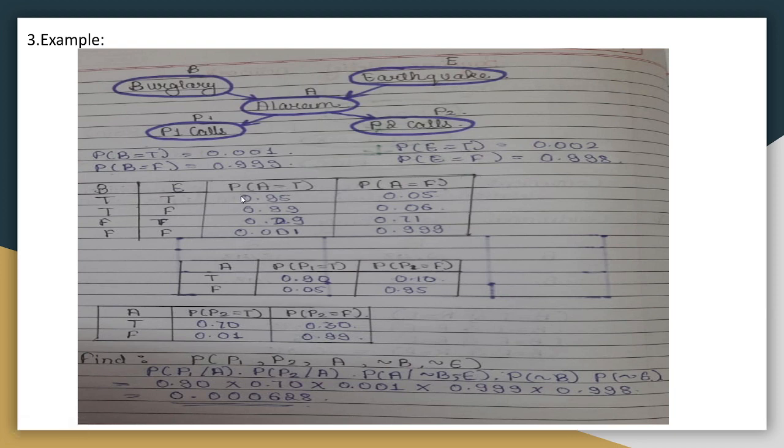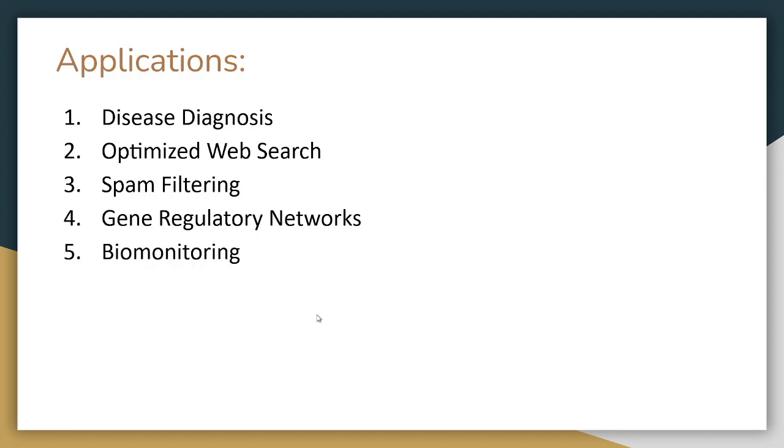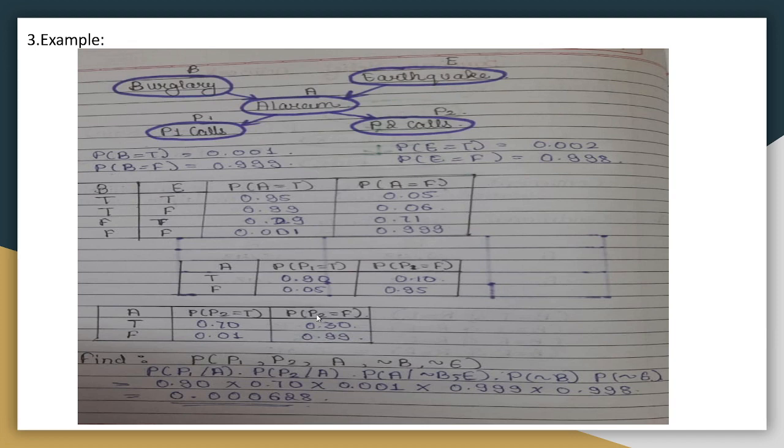It is given to us what the probability is when the alarm rings. By this we can find out the probability when P1 is true, P2 is true, the alarm rings, and no burglary and no earthquake. By this method we can calculate the probabilities.